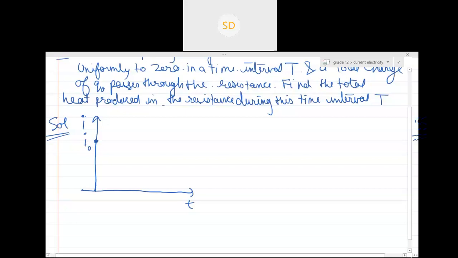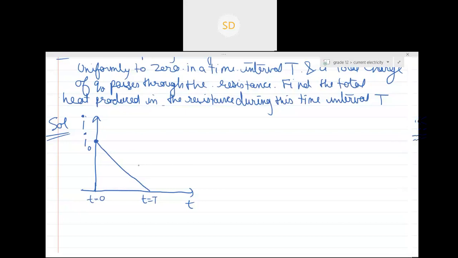Initial current in the circuit is, let's say, I naught, and then it is decreasing uniformly with time, so hence the graph will be a straight line with a negative slope. Yes or no, guys? Will this be the graph for the condition given in the question?